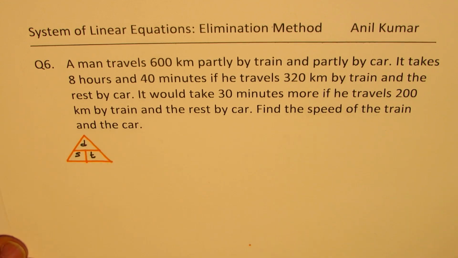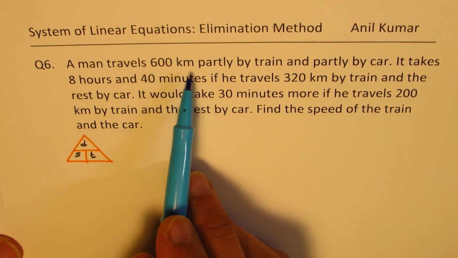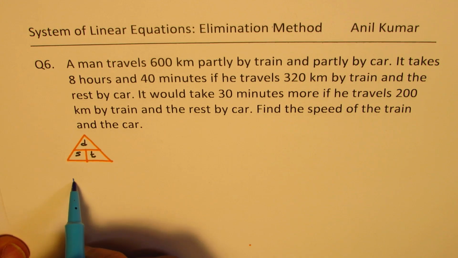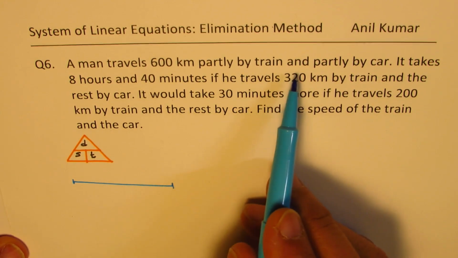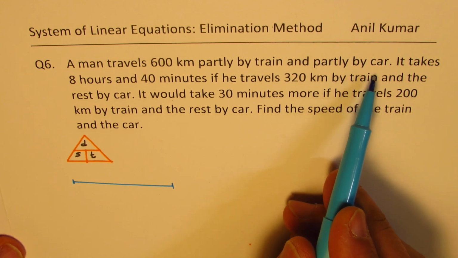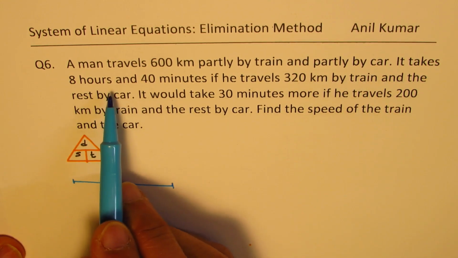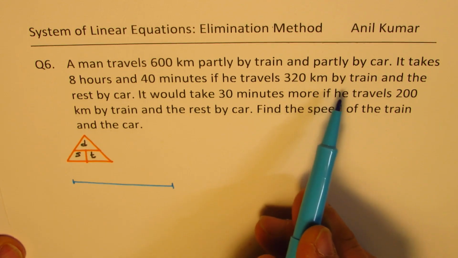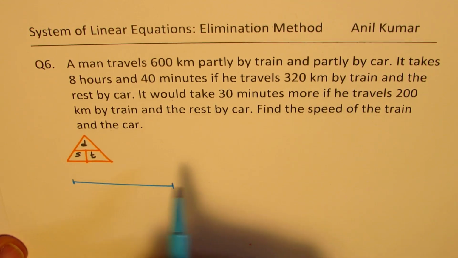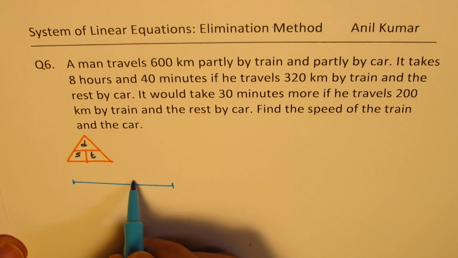Now, based on the equation, let us make a sketch to understand how to solve it and how to write the equations. A man travels 600 kilometers, so that is a distance of 600 kilometers, partly by train and partly by car. It takes 8 hours and 40 minutes if he travels 320 kilometers by train, so slightly more than half, let's say this much.